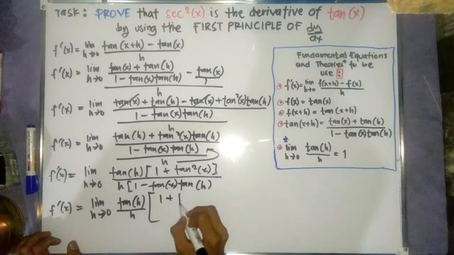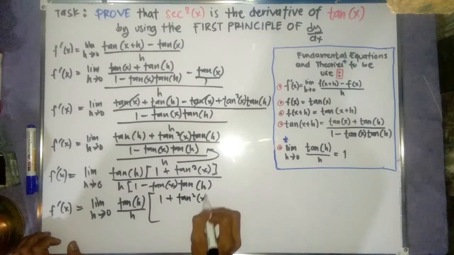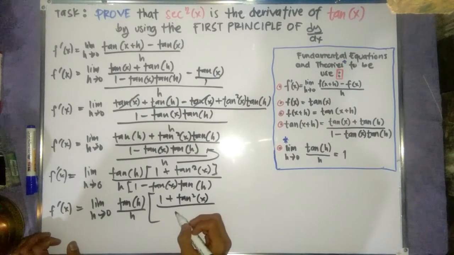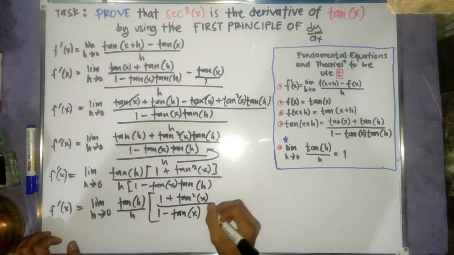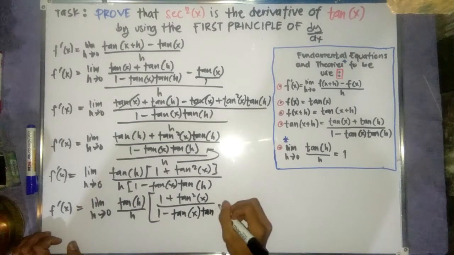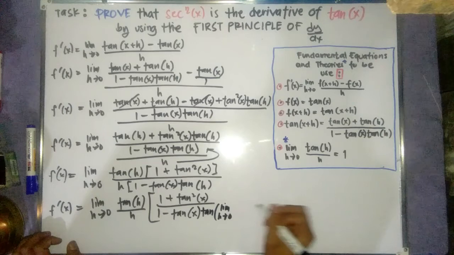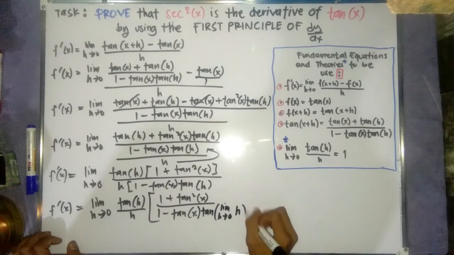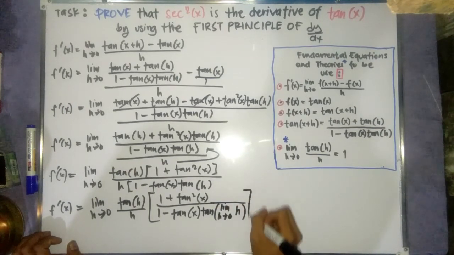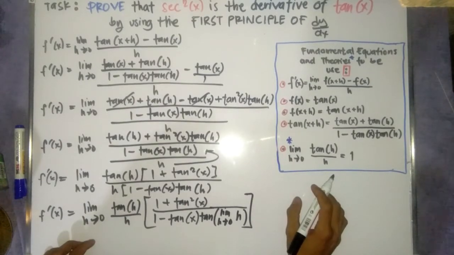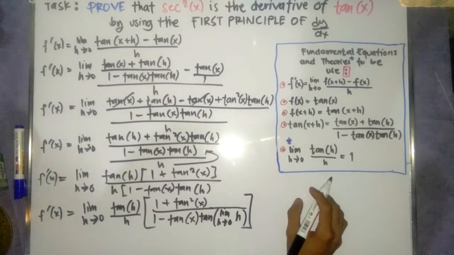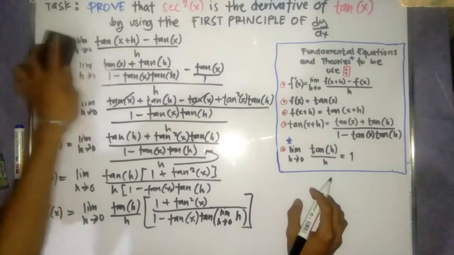So, 1 plus tangent squared x divided by the quantity 1 minus tangent x times tangent of the limit as h approaches 0 of h. At ng variable na h, lalagyan natin ng limit.